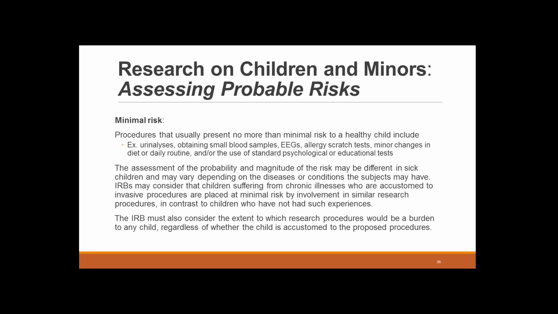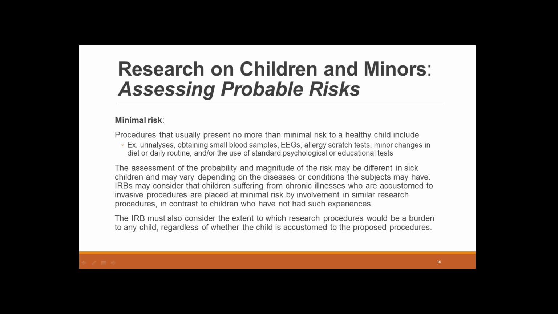So we could define minimal risk differently for you than we would for someone who has absolutely no health condition whatsoever. If you have a brain tumor, you go in for an EEG periodically. The rest of us in this room, we don't have EEGs on a routine basis. So, just an important concept to understand.